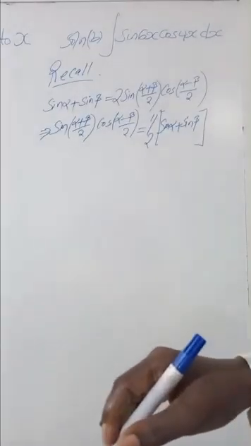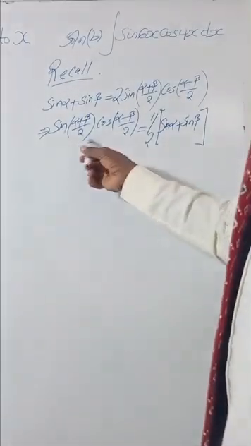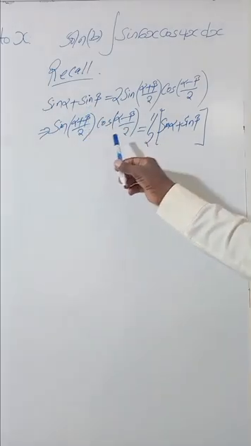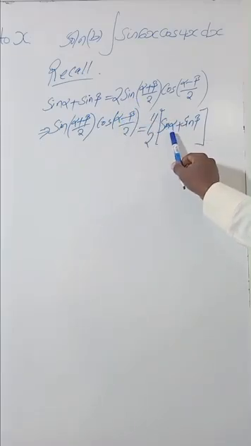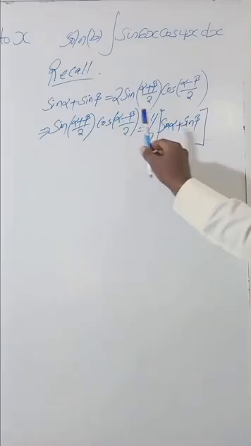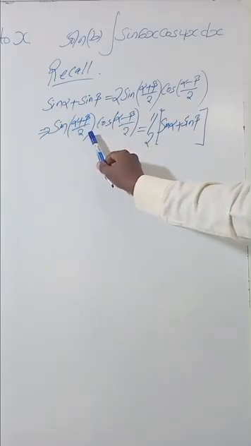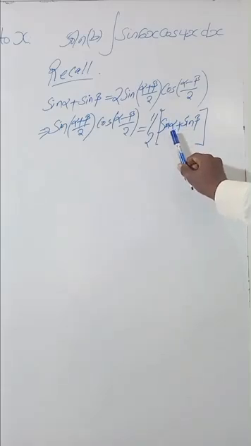So what does it mean? When you look critically at these two terms, if you add alpha plus beta over 2 to alpha minus beta over 2, you will get alpha.